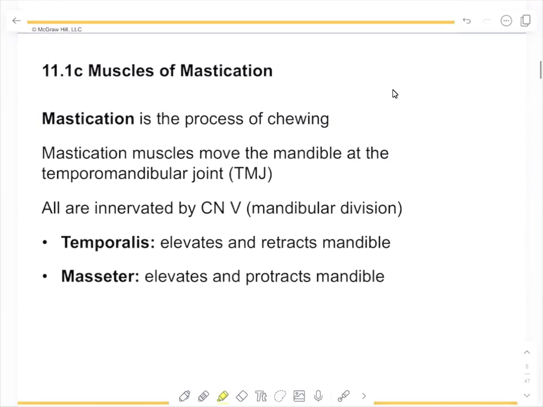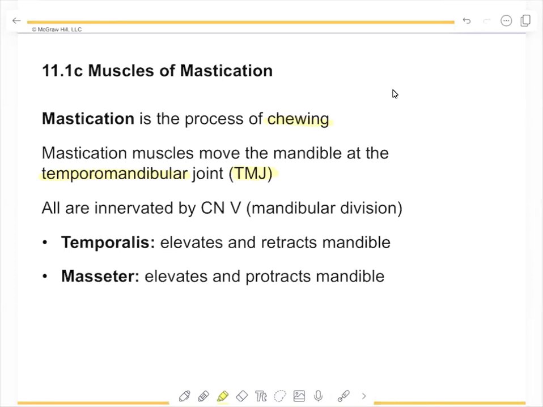The next group of muscles in the skull region is the muscles of mastication, which is the process of chewing. Most of these muscles are going to move the mandible at the TMJ, which stands for temporomandibular joint. It's not important that you know which cranial nerve innervates them. You'll be learning about some of the cranial nerves later on in the semester.